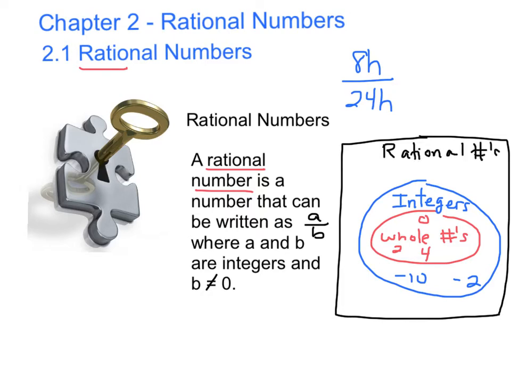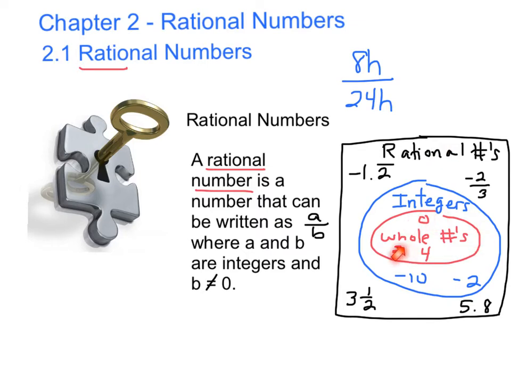So why this diagram? And once again, we can put some rational numbers: -1.2 repeating, -2/3, 3.5, 5 8/10.